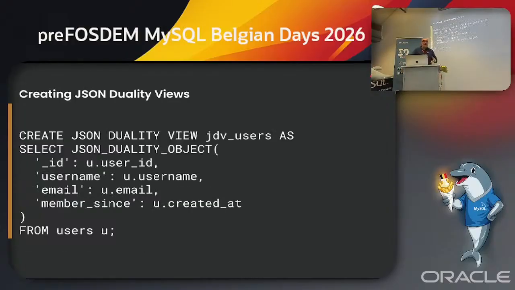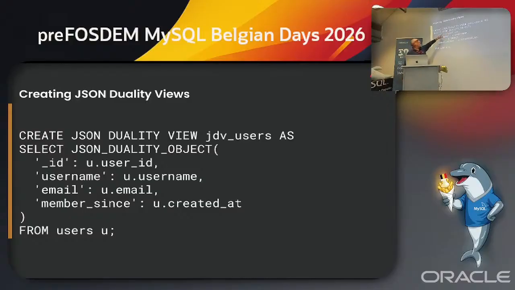How do we create a JSON Duality view? To create it, we have a function that creates JSON objects, and these JSON objects are accessible through the view.